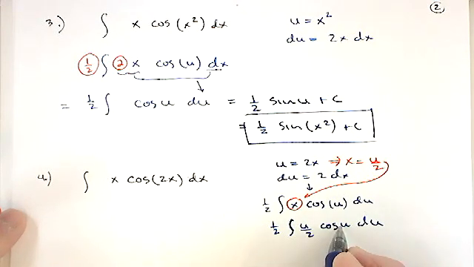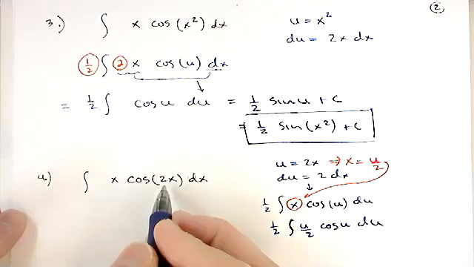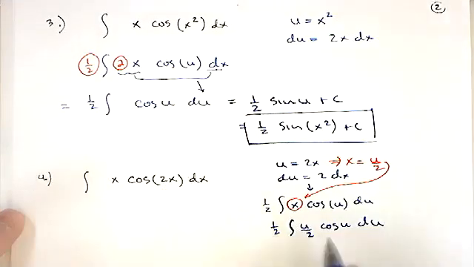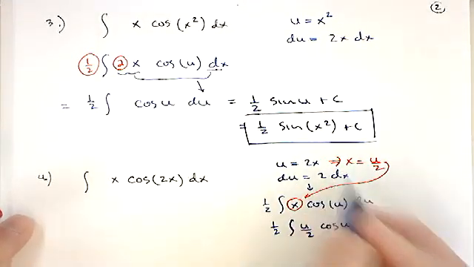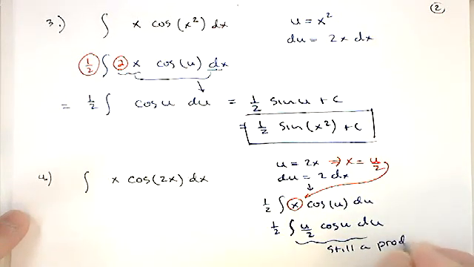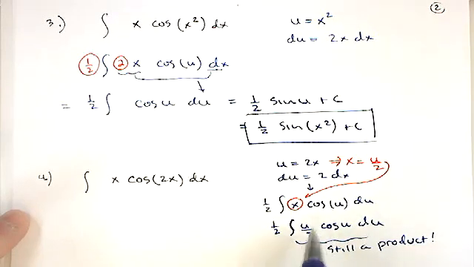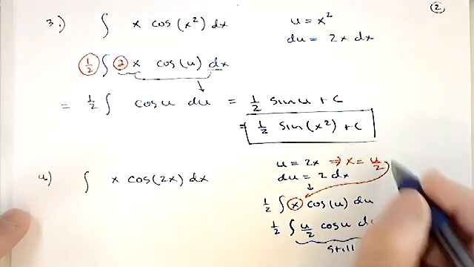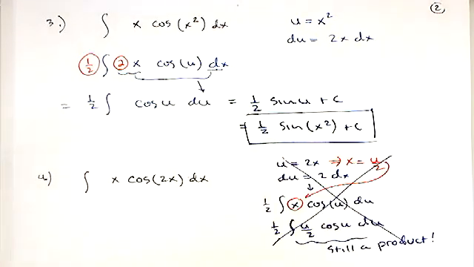I still have u and cosine of u, which I had at the beginning. I have x cosine of 2x. So trying to do a u substitution still doesn't get me anywhere, right? I still have a product, and I'm going to keep reiterating this because this is one of the more common mistakes. Remember that I can't just integrate this one and integrate this one when I have a product. So that's not going to work.